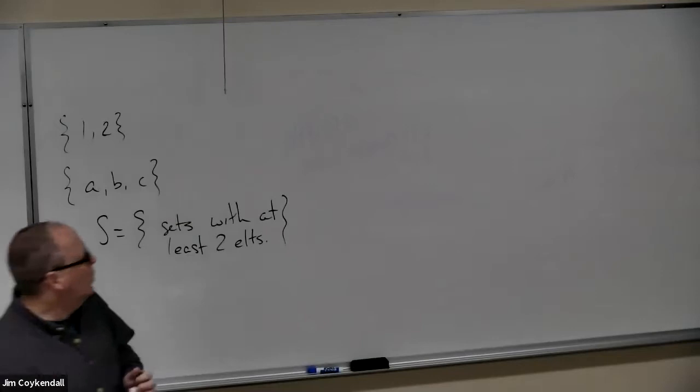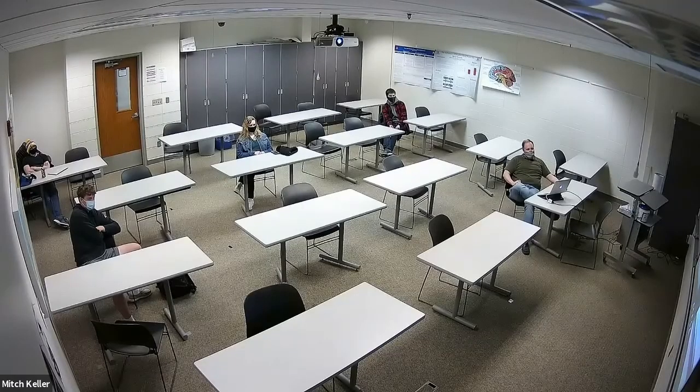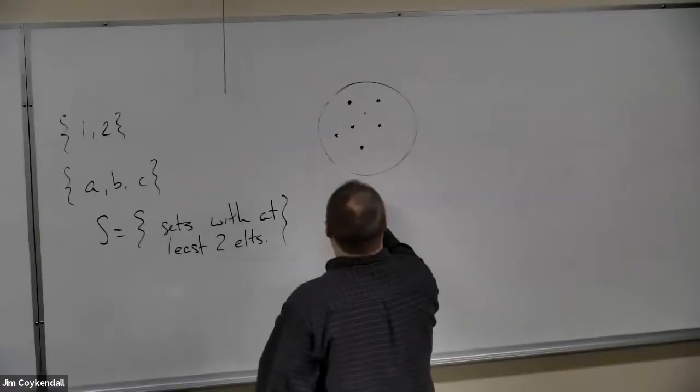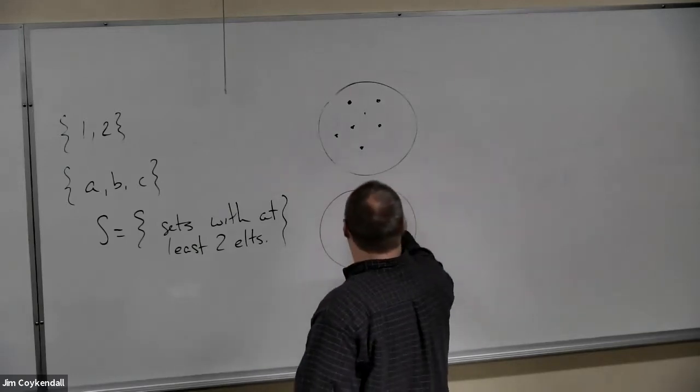See if you guys can speak forward. Okay. Here are 2 sets. I'm going to call the first set black dots, and I'm going to call the second one red dots.